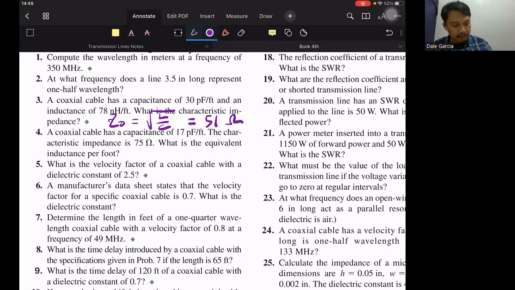So, nagis sa mga yan ang value ang characteristic impedance, mga below 100.